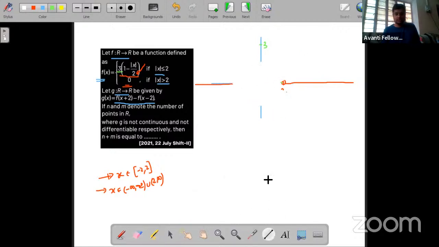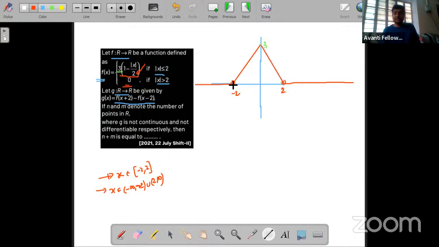Okay, so now this is my coordinates, and this is x equals minus 2, where we were getting an open circle, and at x equals 2 we were getting an open circle, and the graph is now from 0 to 3 and 3 to 0.